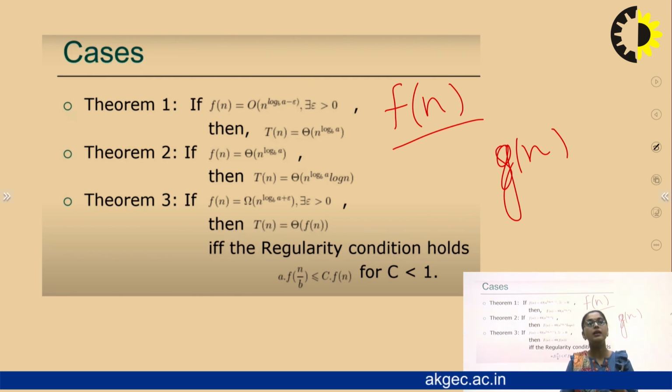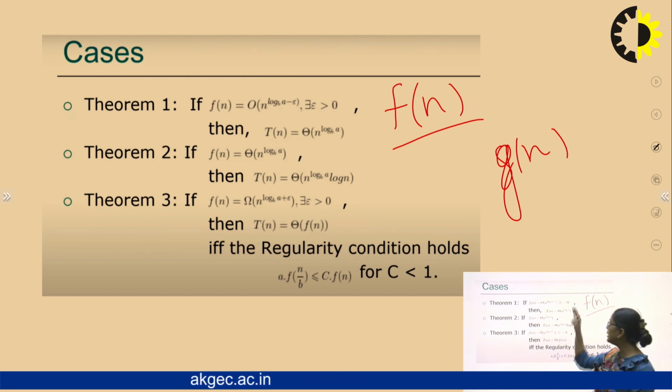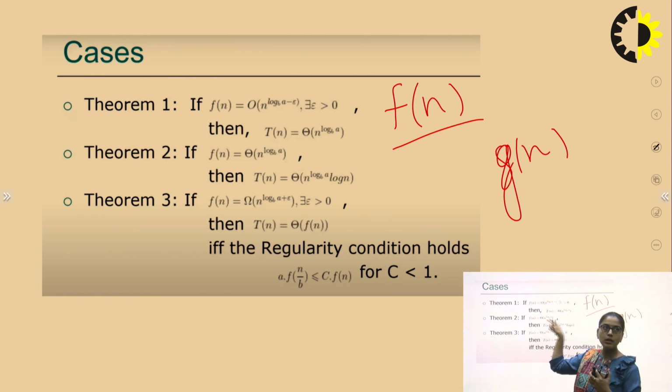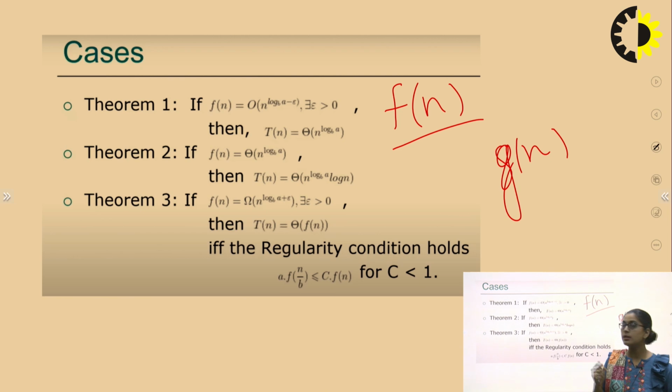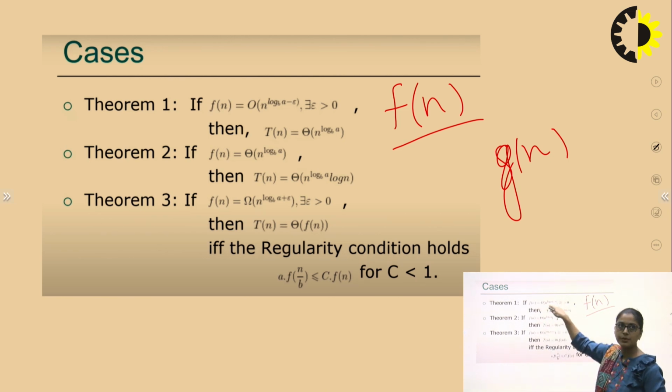This particular g(n) may be equal to this function, may be greater than this function, and may be smaller than this function. So these 3 conditions are reflected over here. If f(n) is greater than our given function, then the first theorem applies. If they are equal, then the second theorem applies. If g(n) is smaller, then the third condition arises. Suppose g(n) is greater, obviously we have to subtract something.